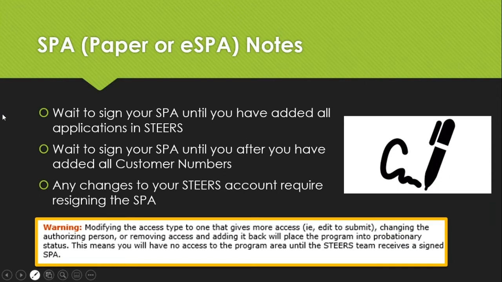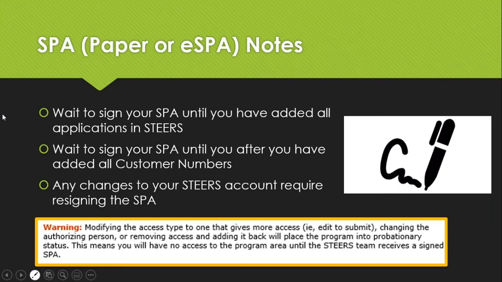So as far as both a paper SPA and an electronically signed SPA, one STEERS participation agreement can take multiple program areas off probation. So if you are adding access to both the Tier 2 core data application and the Tier 2 reporting application, and they're both in a probationary status, just one STEERS participation agreement will take both of those requested accesses off probation.